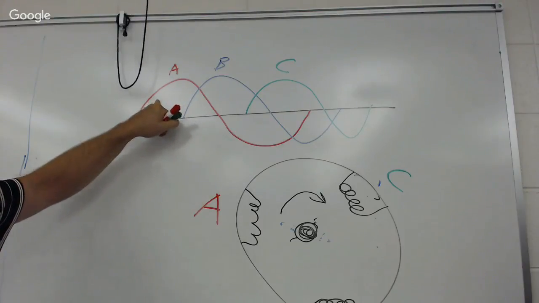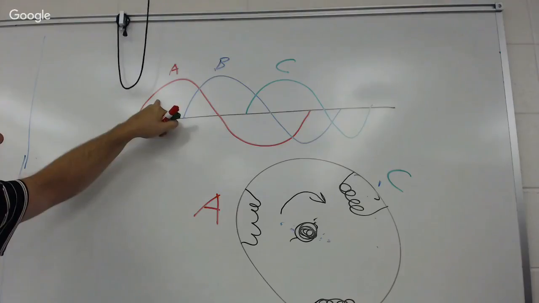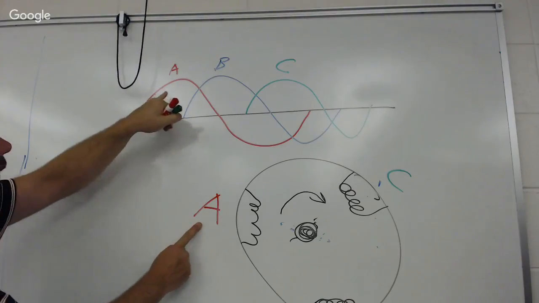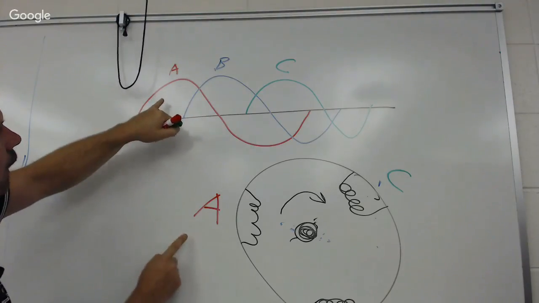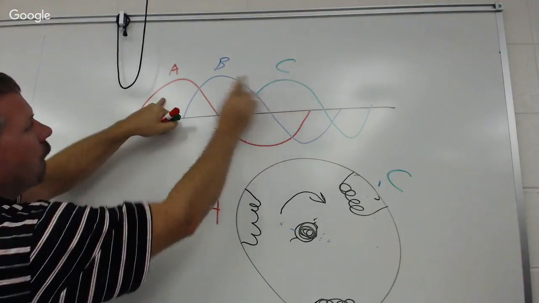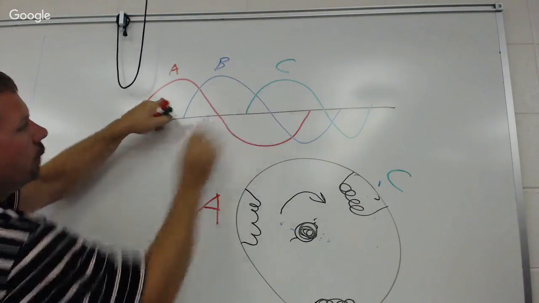So if we look here, we see that what's coming up next is A. B is down here, but what's in front of A? Not B anymore. C's in front of A.